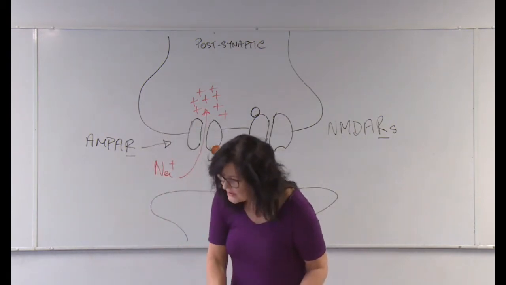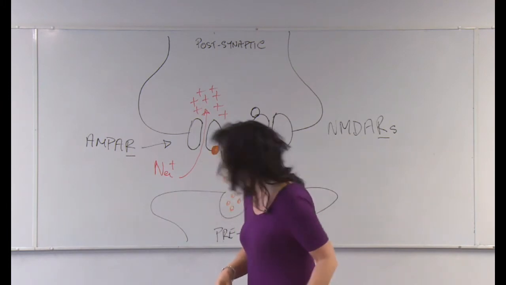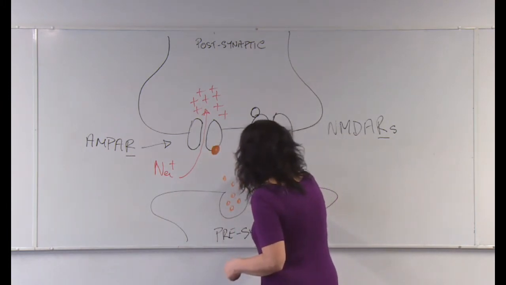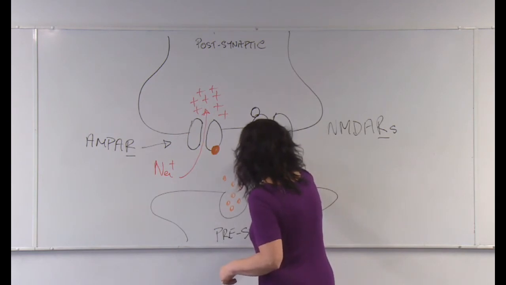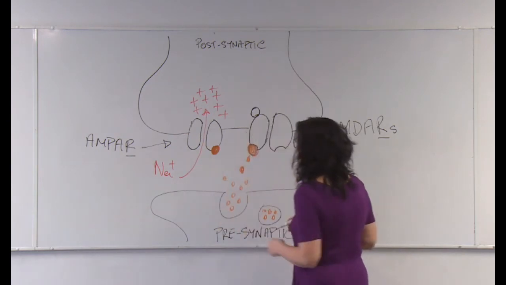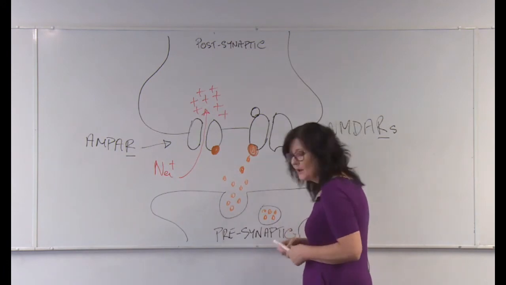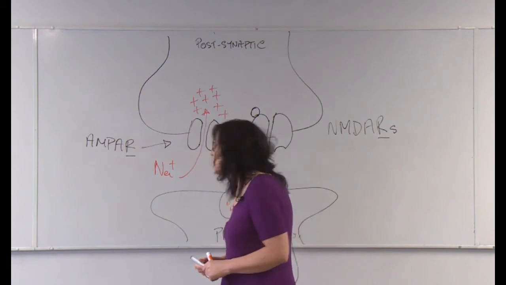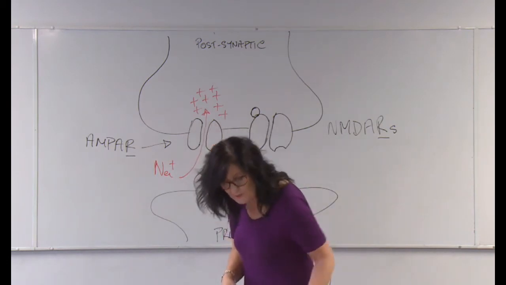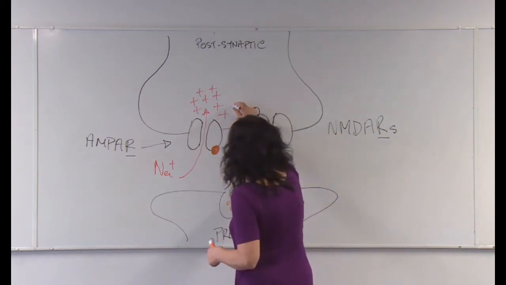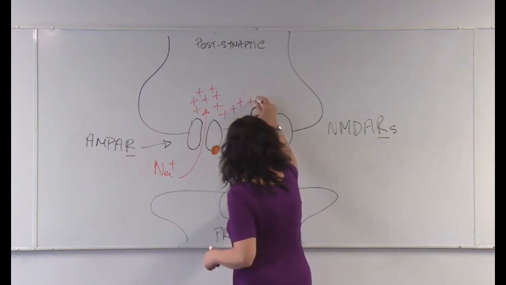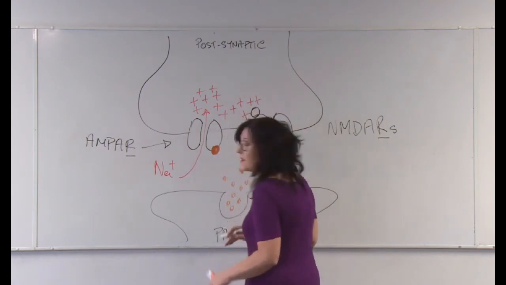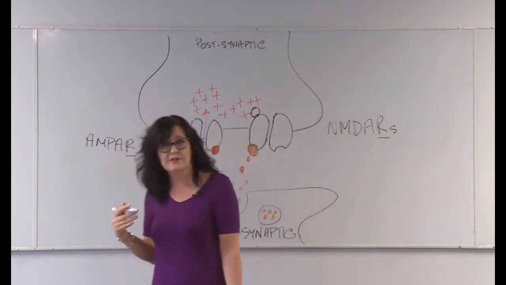Now, what they actually need, we'll start with glutamate. Glutamate comes along and binds in the same way as it does to the AMPAs. But what it also needs is two other things. It needs that depolarization from the AMPAs to hit the voltage sensor, so the voltage sensor reaches threshold.